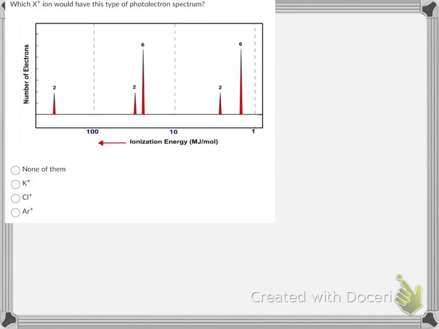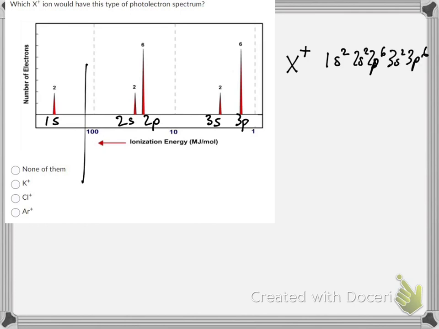Here we want to know which X+ ion would have this photoelectron spectrum. We'll look at the electron configuration here: 1s2, 2s2, 2p6, 3s2, 3p6. So there are 3 different shells here.